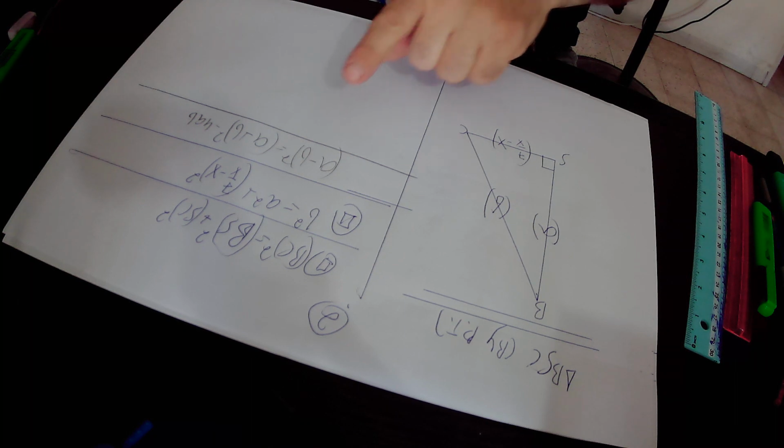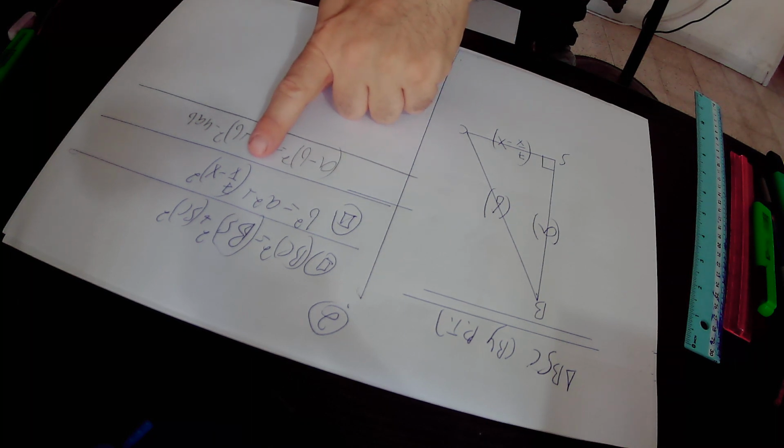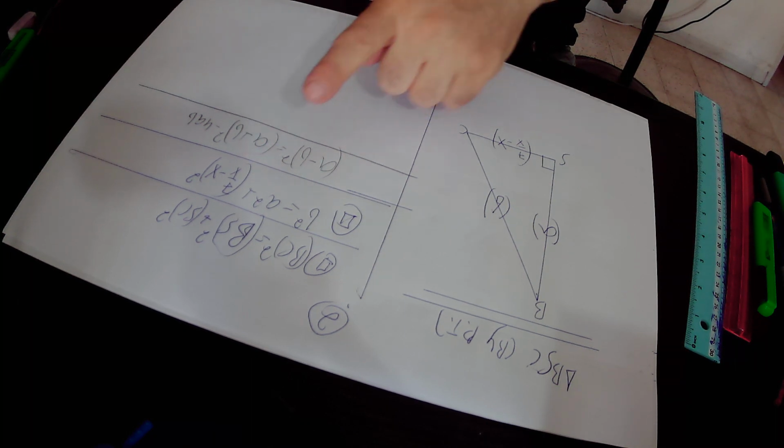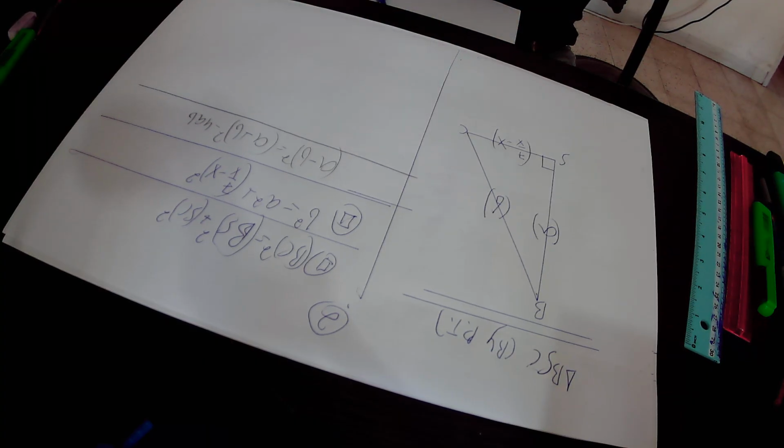We want to turn the expression 7 over x minus x into 7 over x plus x, exactly as in equation 1.